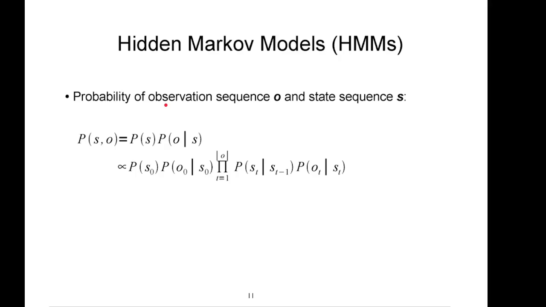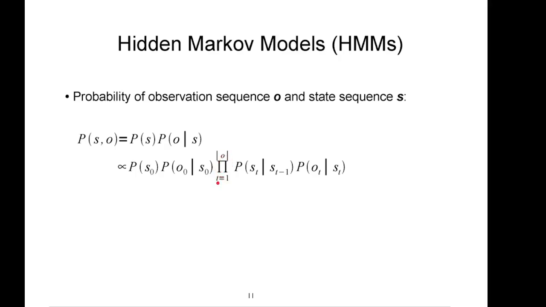Now, the question is, what is the probability of an observation sequence O and a state sequence S? So what is the likelihood that the state sequence S is producing the observations O? Basically, P of S and O is equal to the probability of being in state S times the probability of making the observations O, given that we're in the states S. And we can unravel it, if we assume independence, to the probability of being in state S0 times the probability of seeing observation O0 in state S0, times, and then we simply multiply all of this up step by step.